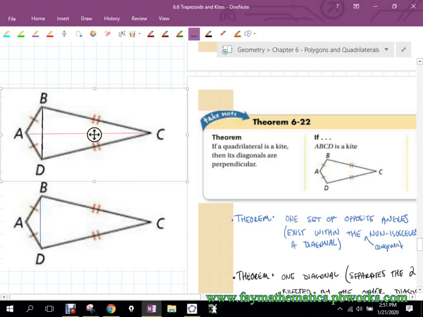If I look at angle A and angle C, we talked about angle A and angle C being incongruent, right? When I draw that red diagonal in here, it is making that angle congruent to that one, and this one congruent to that one. It's bisecting those incongruent angles of angle A and angle C for my kite.